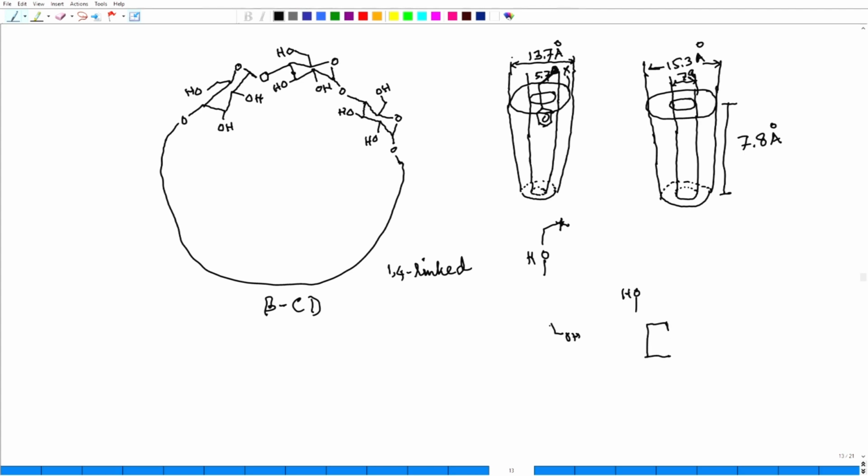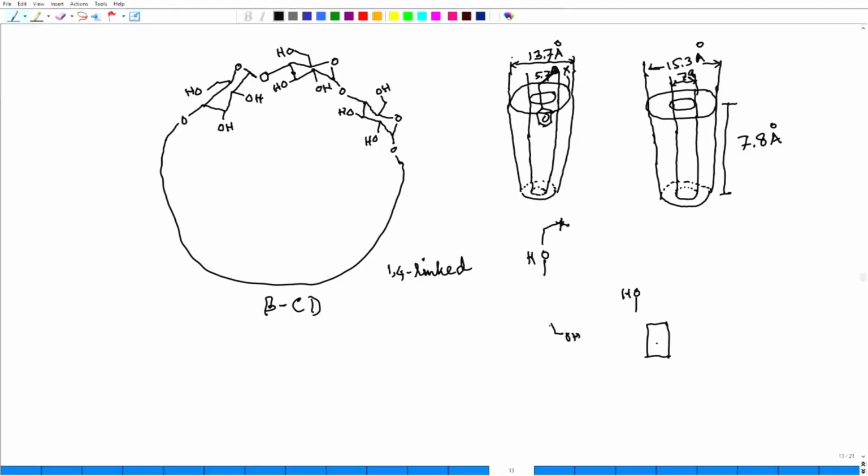So, it is like you bring your reagent very close to the reaction site, and if they are very close, they will react immediately, and you will get the product.